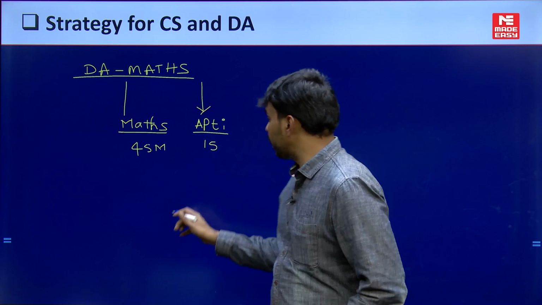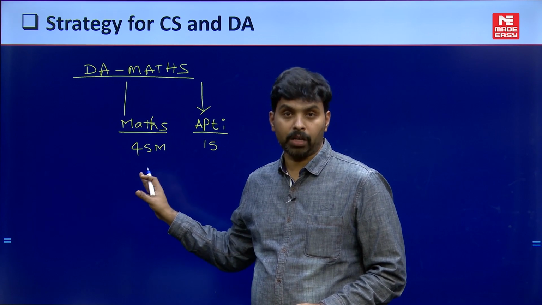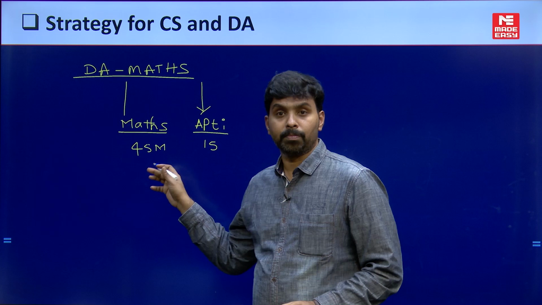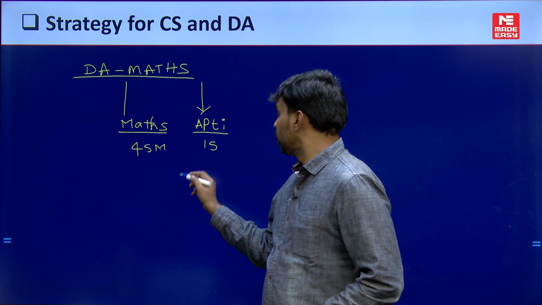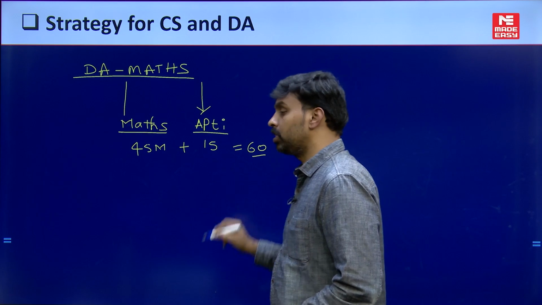It may be plus or minus, but it's a huge amount of marks, so it is more considered for this paper. So 15 plus 45, it becomes 60 marks here.